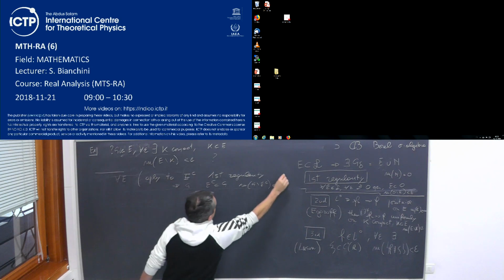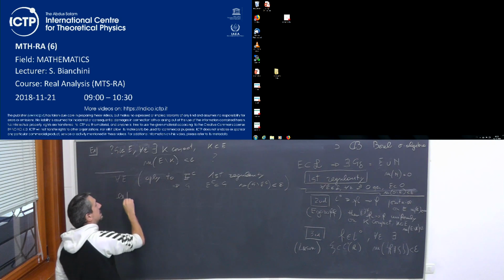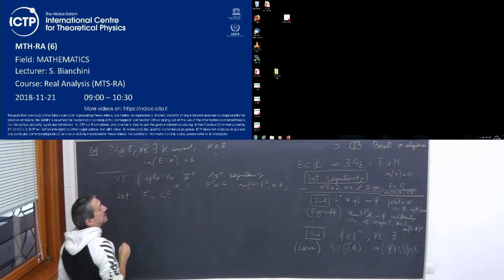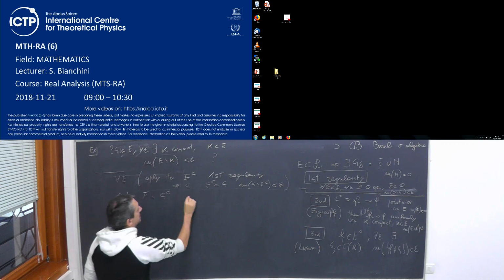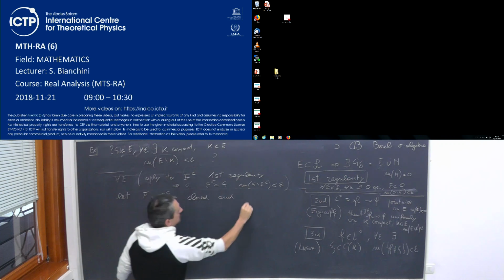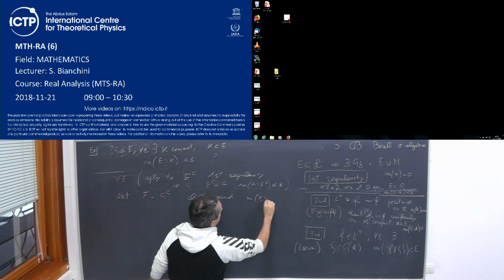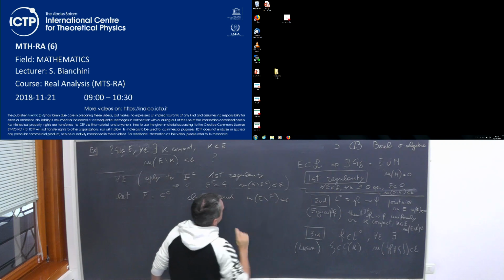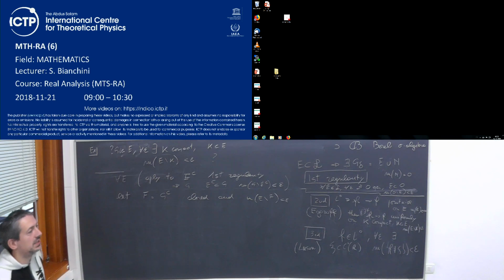And then let F be G complement, closed, and the measure of E minus F is less than epsilon. Okay, so this is directly from that. So I have a closed set inside E whose difference has measure less than epsilon.